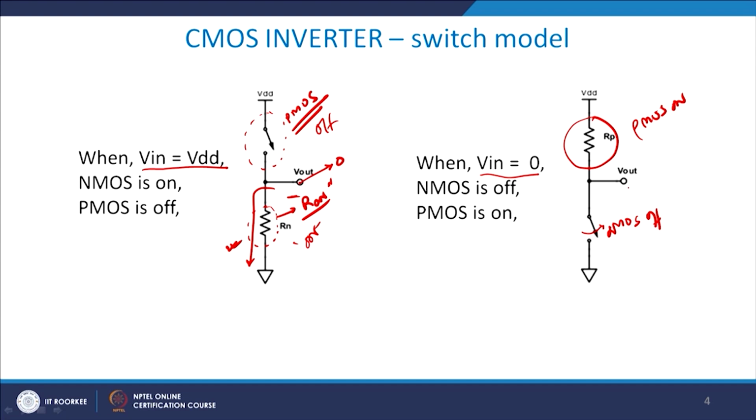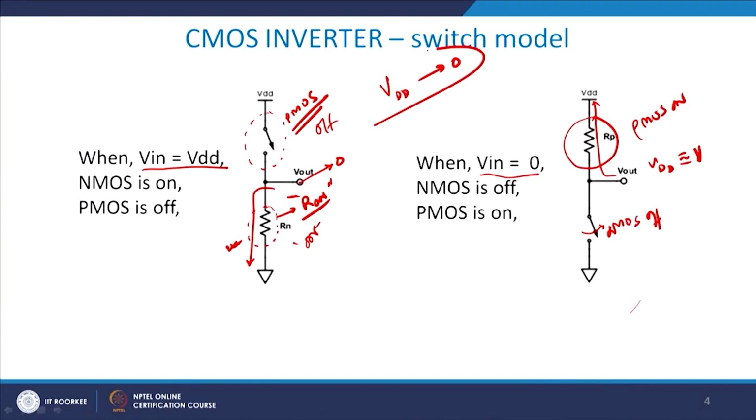When my PMOS is on and my NMOS is off, then this will be plugged to VDD and the output will be equal to VDD, which is effectively 1 volt, which means that this inverter allows you to do a peak to peak swing. Peak to peak basically means it is swinging from VDD output to 0 output. Such a large range it is allowing you to do.